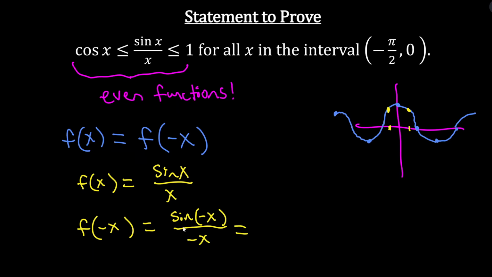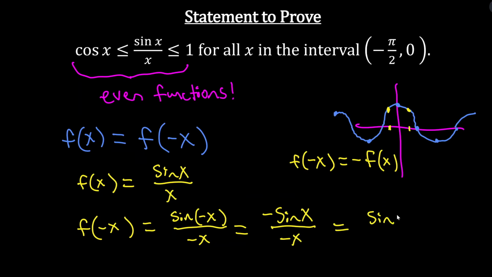And actually sine is an odd function, which means that f of negative x is the same as negative f of x. So the sine of negative x is the same as the negative sine of x, and the negatives now cancel out. And what we've just shown is that f of x is the same as f of negative x, which means that this function is even.